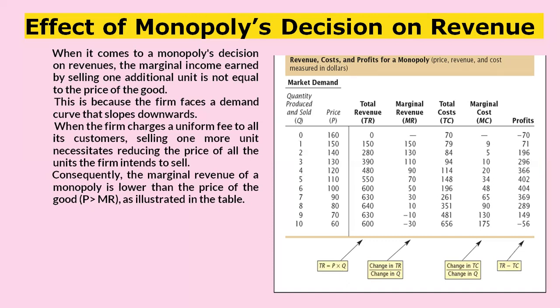Consequently, the marginal revenue of a monopoly is lower than the price of the good, as illustrated in the table.